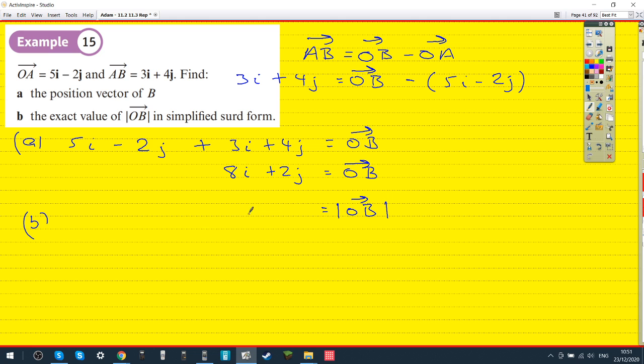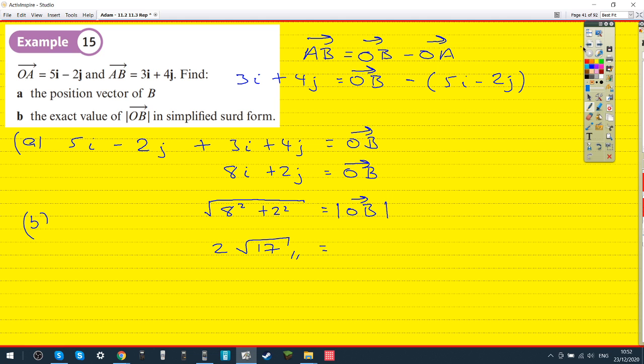Magnitude means length. So it's squared and then square rooted? Yep. So it'd be the square root of 8 squared plus 2 squared, which gives you 2 square root 17.